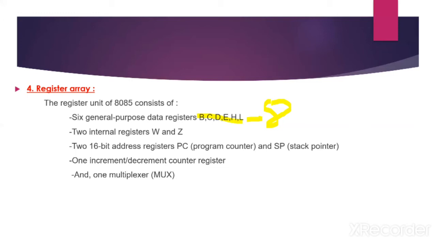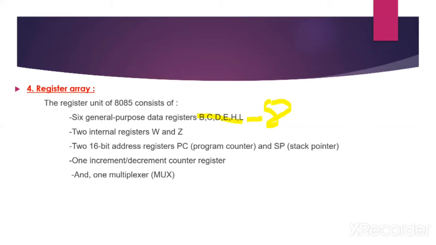The six general purpose registers B, C, D, E, H, and L may be used as 6 separate 8-bit registers. Means if they are used separately, then they are all 8-bit registers.